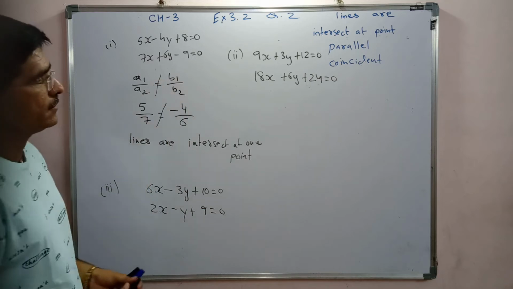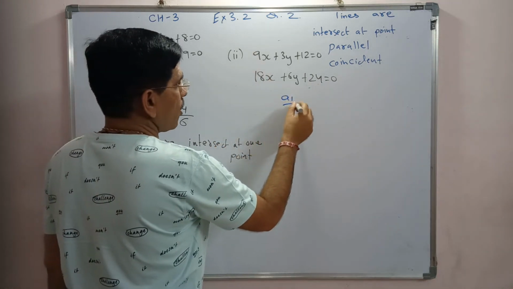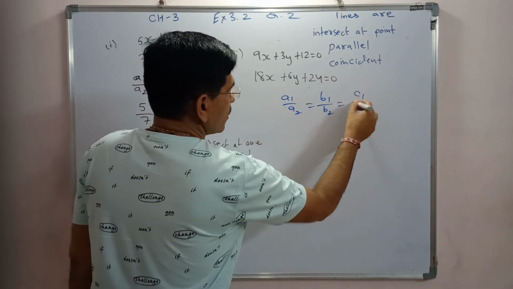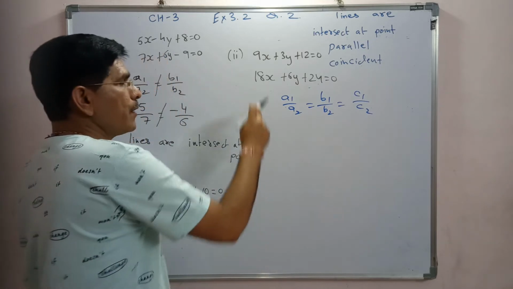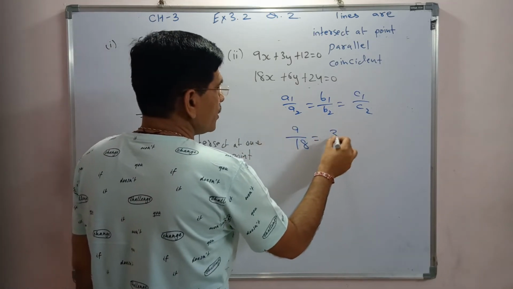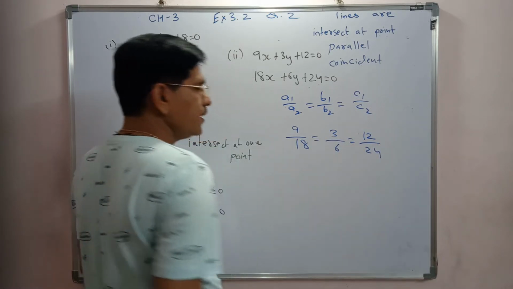Now in the second, we have to write a1 upon a2, b1 upon b2, c1 upon c2. Now if we write the values, that is 9 upon 18, 3 upon 6 and 12 upon 24.